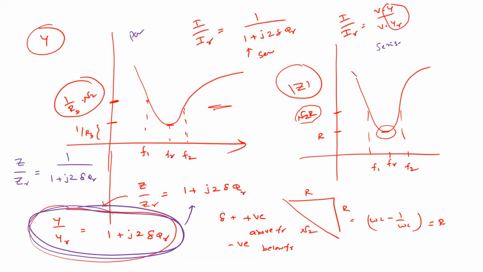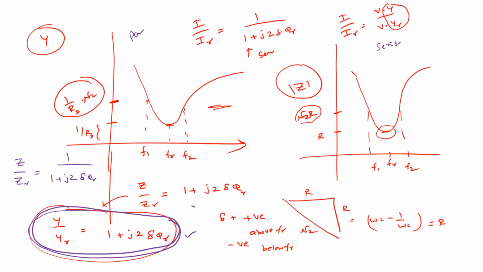In the formula of I, current is V upon Z, impedance. If I replace I with V by Z, we will see this is wrong. The rest of the things are also wrong. So this is the original one, and this is correct.